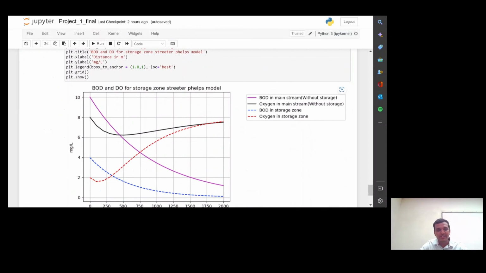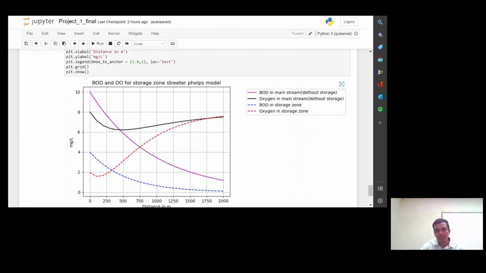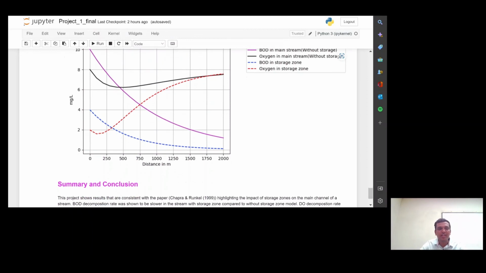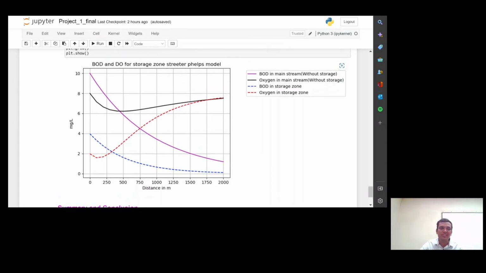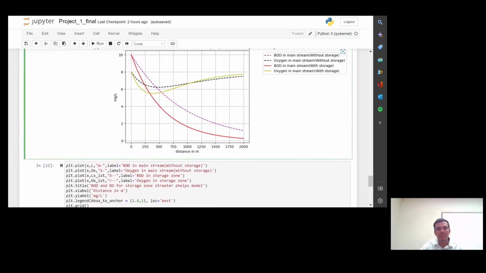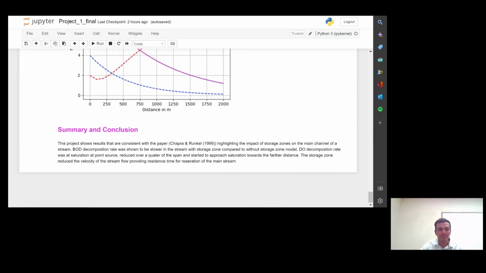And here you can see that the continuous magenta line is the BOD in mainstream without storage, and the continuous black line is the oxygen in the mainstream without storage, and the breaking red line is showing the value of oxygen in the storage zone, and the breaking blue line is showing the value of BOD in the storage zone. So there is a difference between the LS in the storage zone and LS without the storage zone.